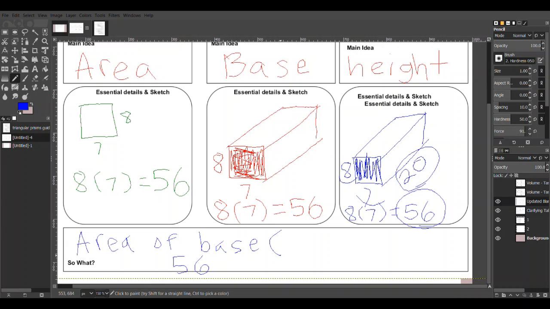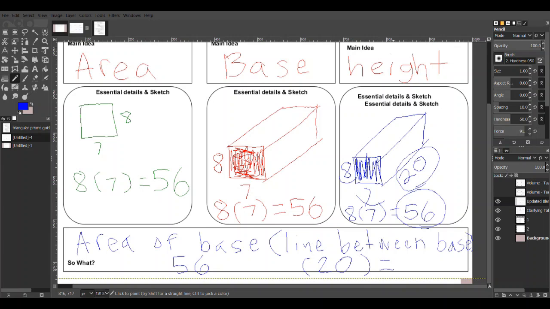we're going to call it the height, but it's really the line between the bases. And how far is the line between the bases? I will pause. It is 20. So what is the volume of this prism?